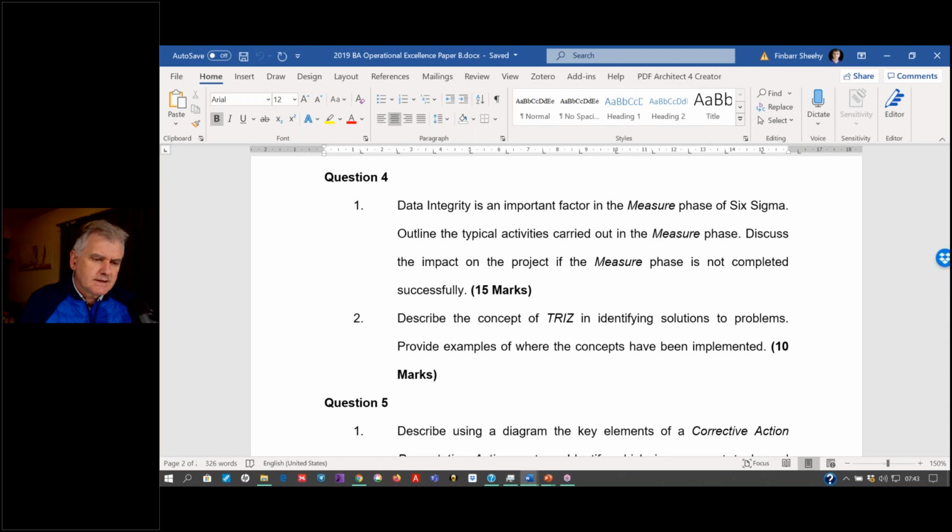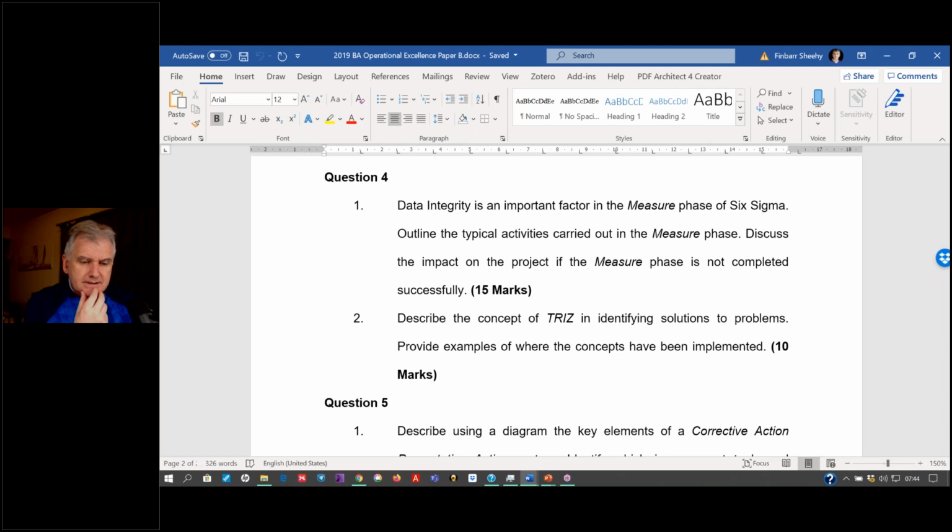So the last part around the impact would be a bit more like an open book. Outline the typical activities. If I was looking for examples maybe, I might say, think of a typical project and give examples of the things you would measure within that project. That might be a bit more open book.